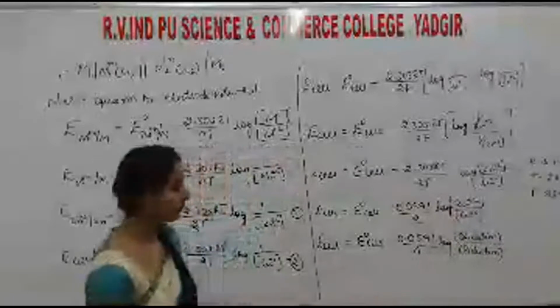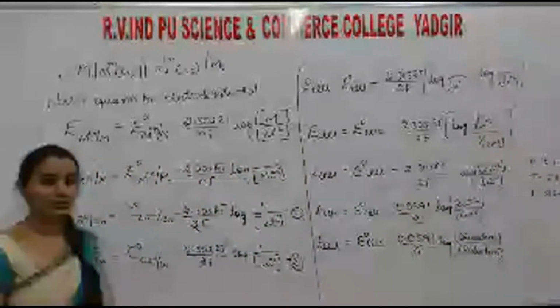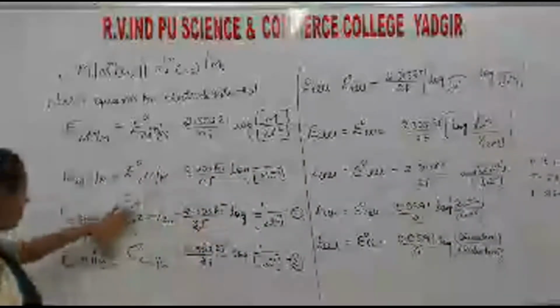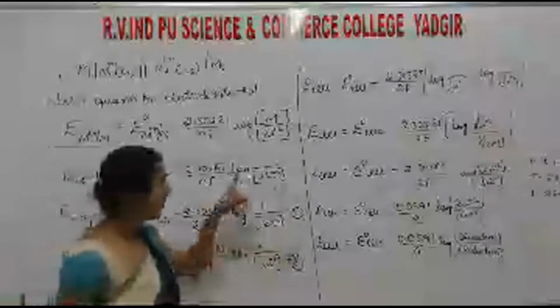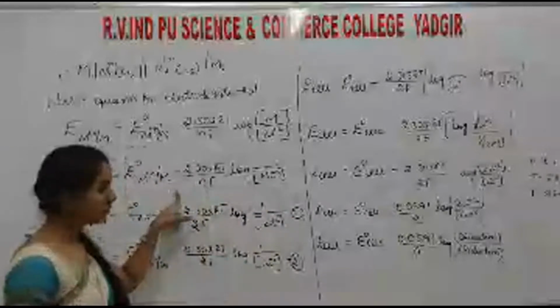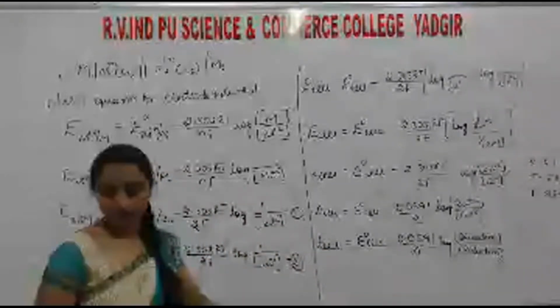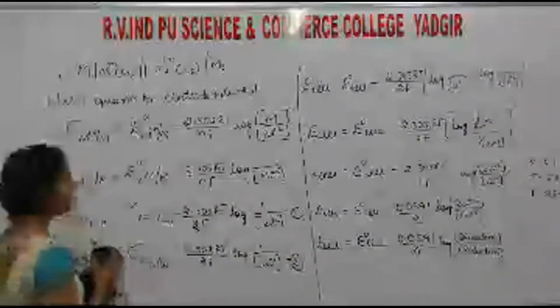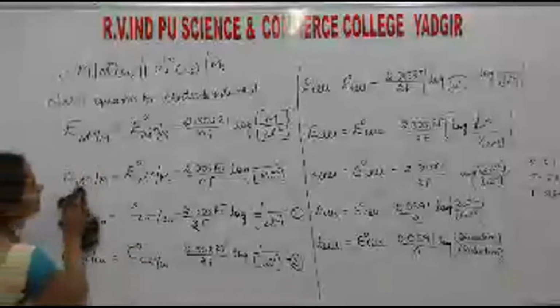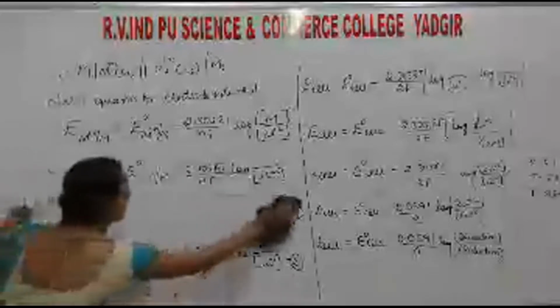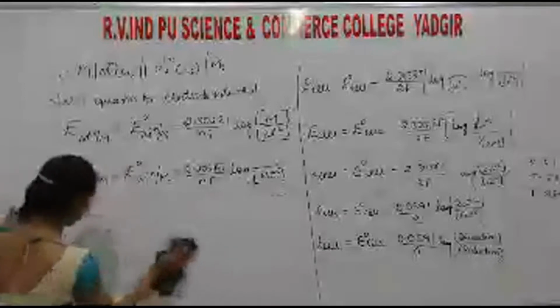Understand? Are you getting? So you don't need this much. You want only this equation and this equation. So just drop all these which are unnecessary, and I write only the important ones.